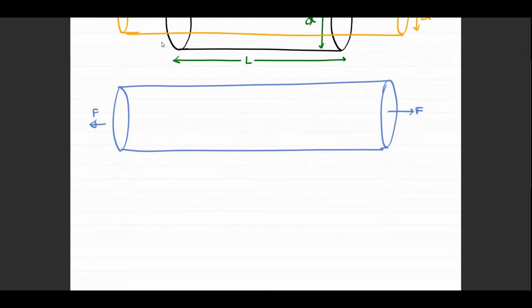So now I can say there are two strains. One is longitudinal strain, that is delta L by L. Another is lateral strain, that is delta d by d.